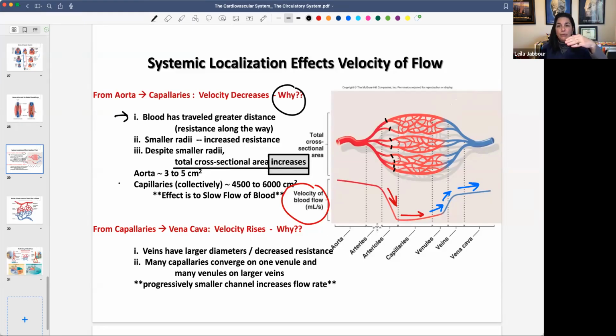The veins, they go from being venules and then medium veins and large veins. So we're getting from small diameter, large diameter, large diameter. So now you have decreased resistance, right? The walls are so far apart, there's less resistance. We can flow better. So that helps with velocity. We go a little bit faster when there's less resistance.